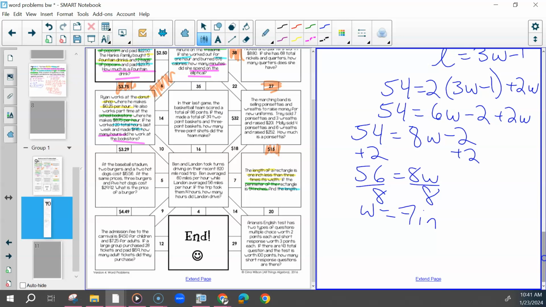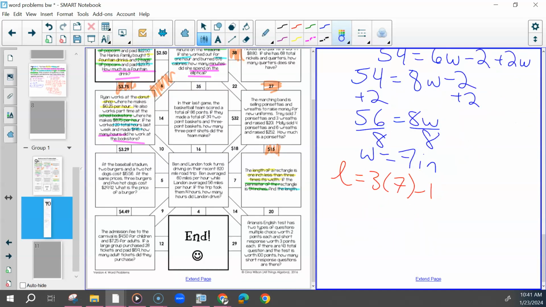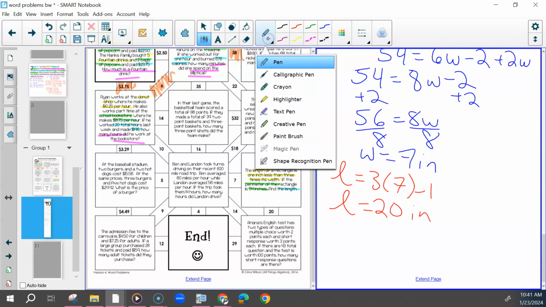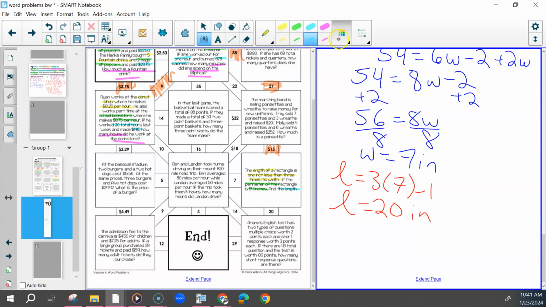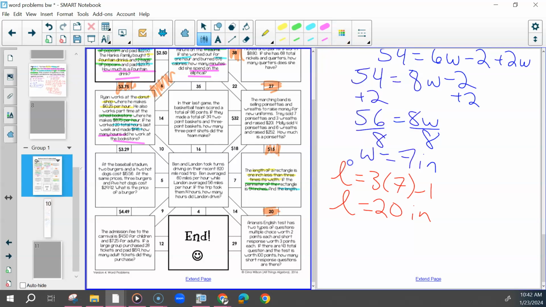Notice that that's up here, so that's not our answer. So then it would have to be 20, but still do the work to get the rest of that. And L is 20. And then we will finish this when we get back to work.